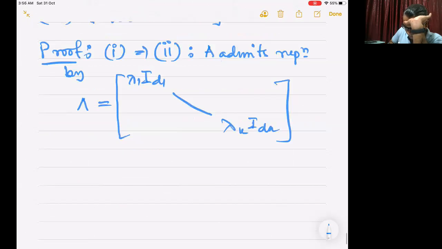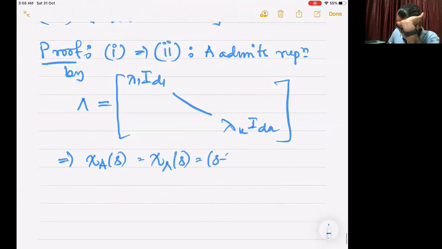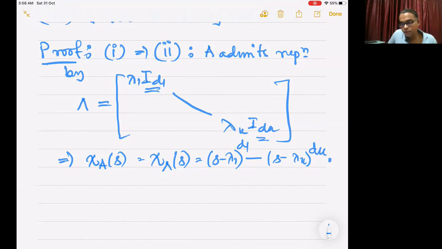This implies chi_A(s) equals chi_Lambda(s), which is (s minus lambda_1) to the power d1 up to (s minus lambda_k) to the power dk. I don't care about these numbers. This is what the characteristic polynomial is going to look like.